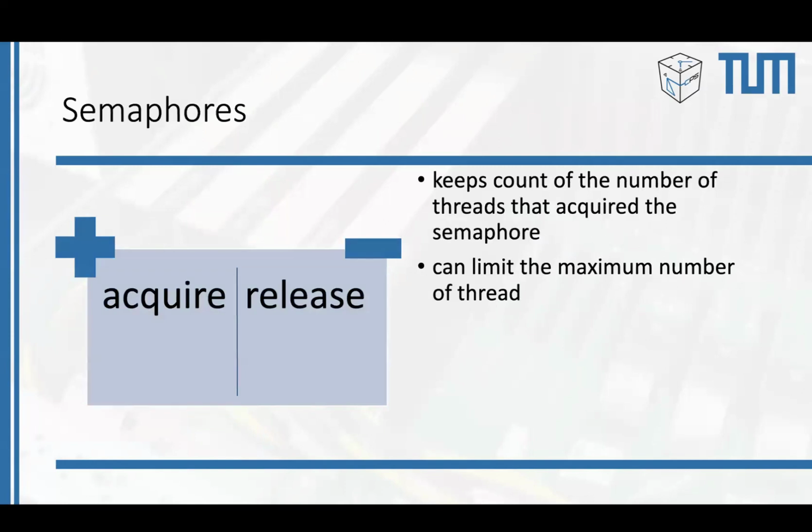Another couple of machineries that you will encounter: semaphores. Semaphores are locks which allow multiple threads to acquire them, but can limit the maximum number of threads that can acquire them. These are usually used for something like being nice to the system.